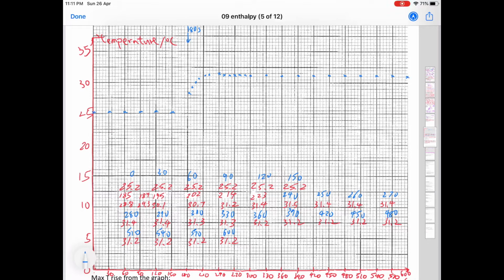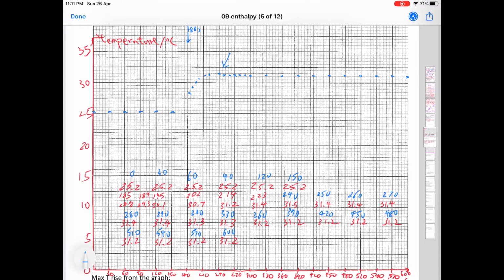The data set is roughly like this. What we have to do next is to simulate the situation that there is no energy loss to the surrounding. For example, starting from maybe this point, 240 seconds, you can see that there is a small drop in the temperature from 31.5 to 31.2.